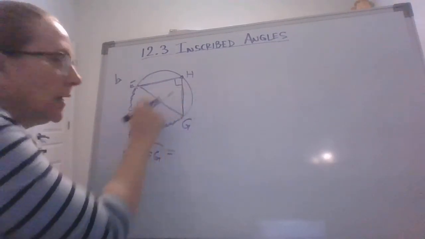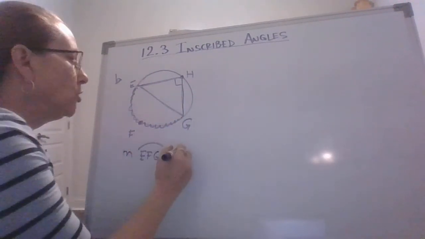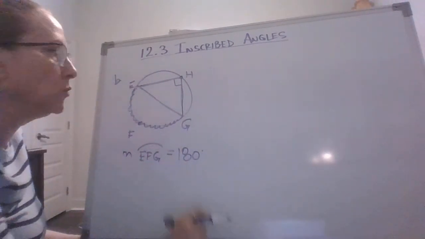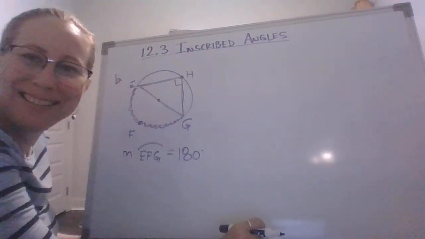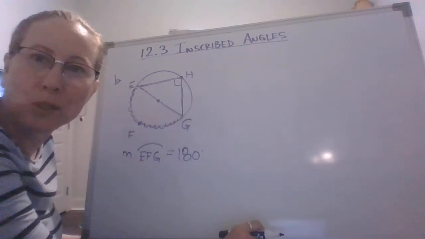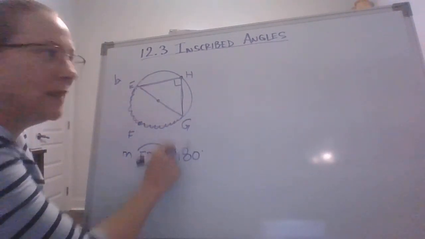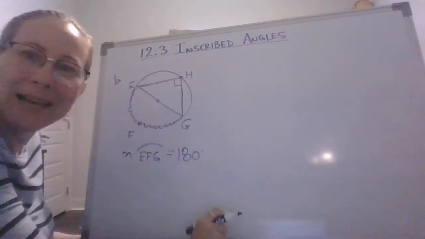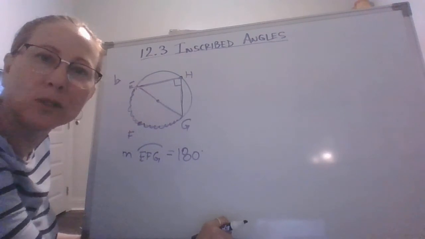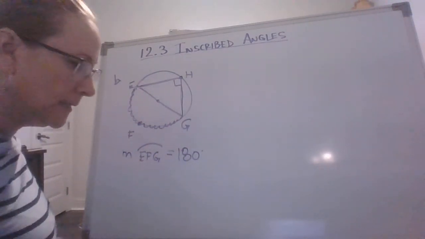So if the angle is 90, the arc is twice as much, 180. So my instincts were to put a dot here to say that that was half a circle. That wasn't originally there, but it is half a circle because this is a right angle, so that has to be 180 degrees, which makes a semicircle or half a circle. All right, next example.